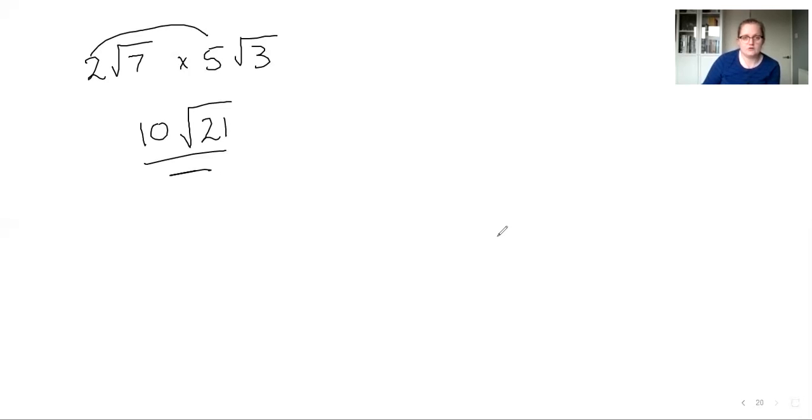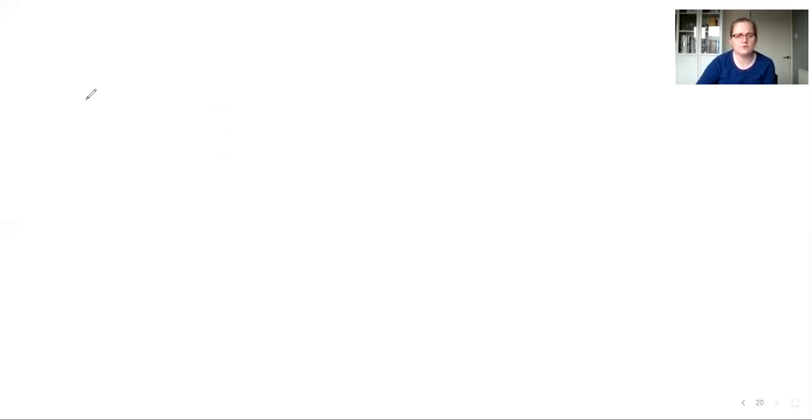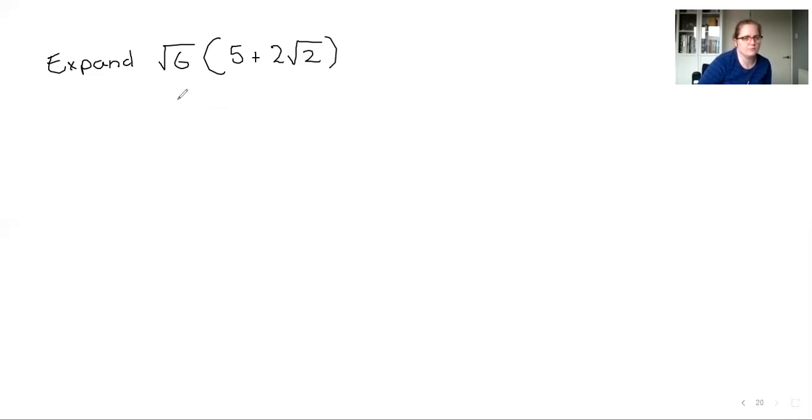So now we're going to look at expanding brackets. You'll get a question that will say something along the lines of expand. We've got root 6, 5 plus 2 root 2. And we're going to deal with this exactly the same as we would expanding brackets in algebra.